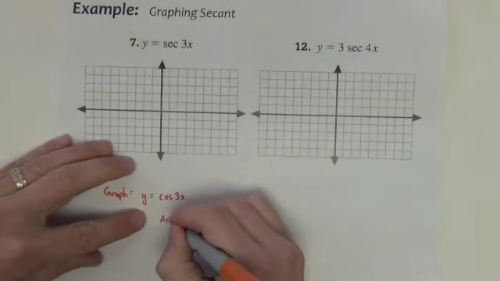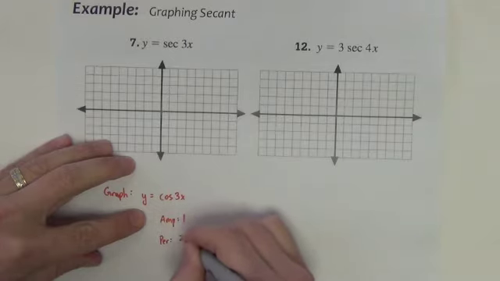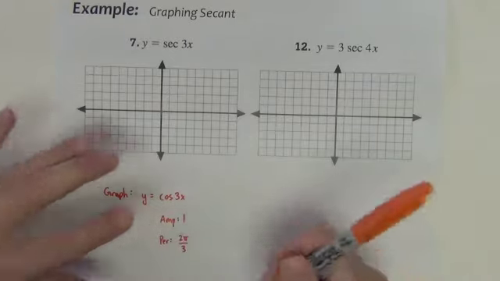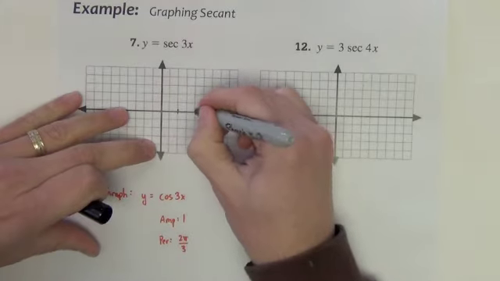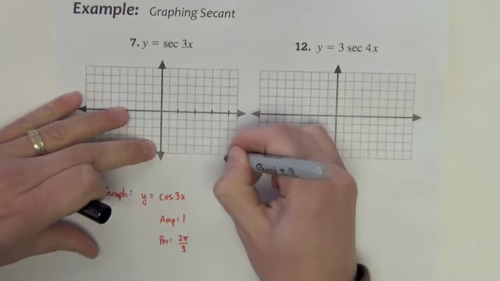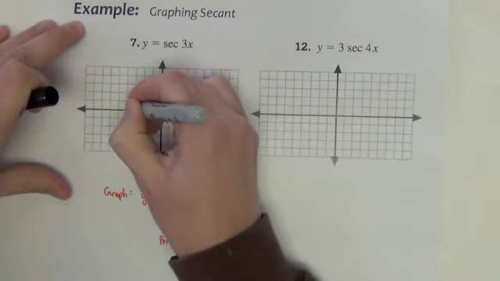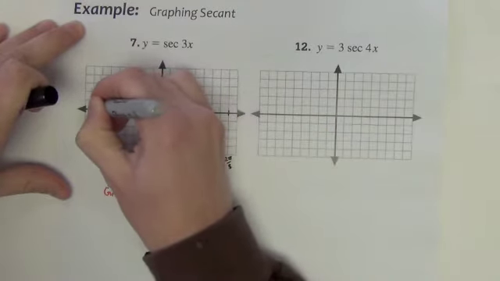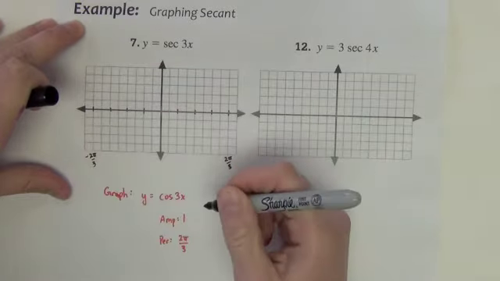For this one, it has an amplitude of 1, has a period of 2 pi divided by 3. Okay, so I'm going to come out 1, 2, 3, 4 tick marks, drop my period, 2 pi over 3. 1, 2, 3, 4 tick marks, that's negative 2 pi over 3.